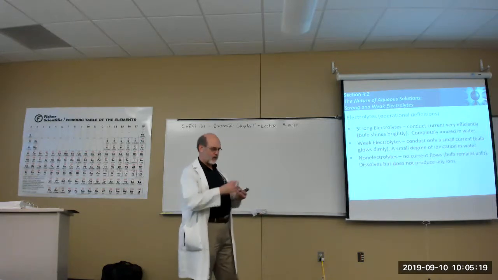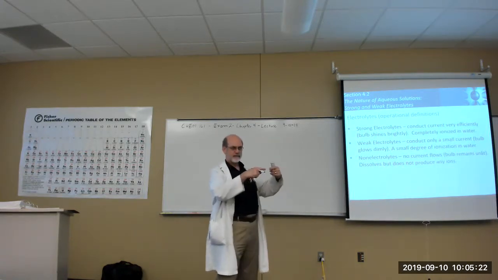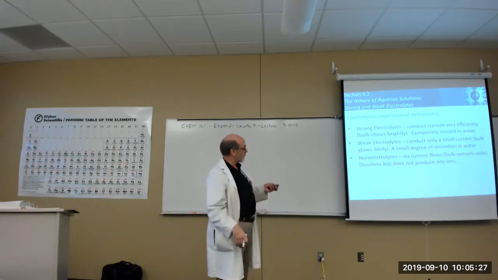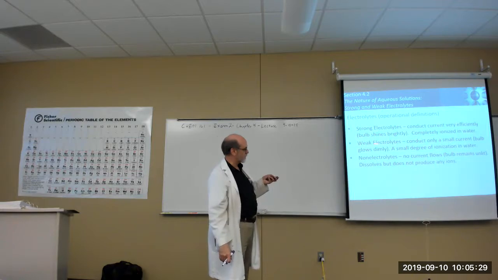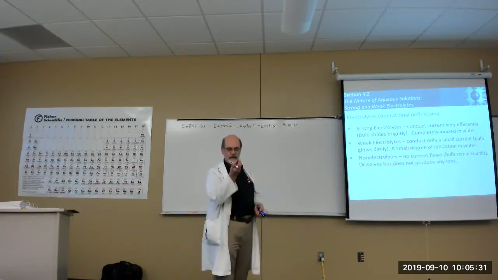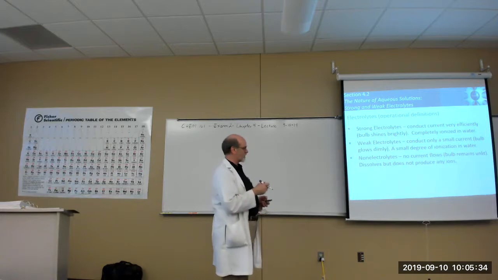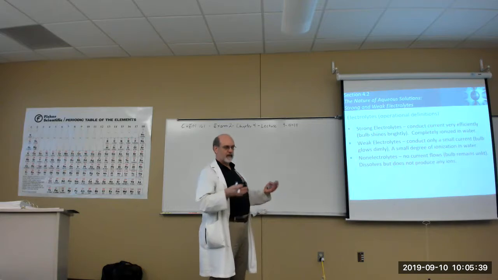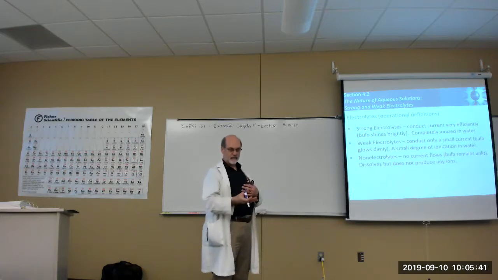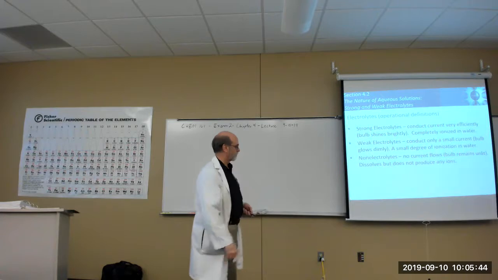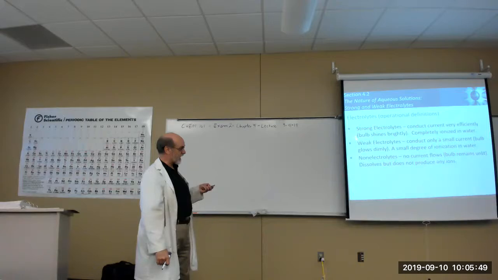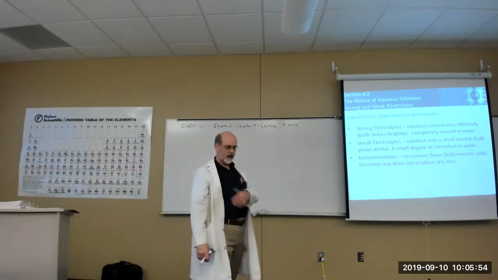So if we place the light bulb in the circuit and used a battery with this solution, and we had a weak electrolyte in that solution, the light bulb would be very dimly lit. Whereas if we had a strong electrolyte in the solution with the same voltage, the light bulb would light up more strongly. And then, of course, anything that doesn't fit into one of these categories is a non-electrolyte. And the light bulb would not light at all.